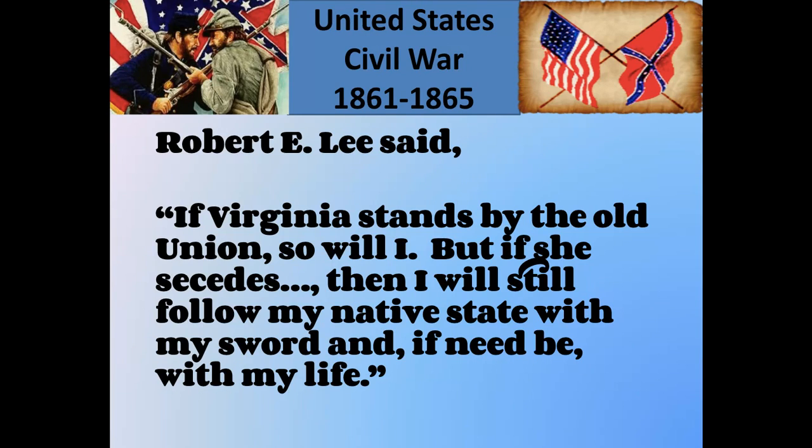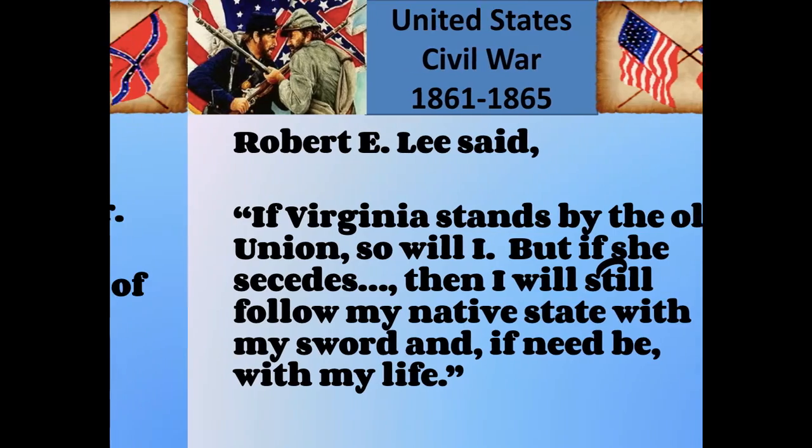So what he's saying is that if Virginia leaves the Union, he will go with Virginia, and if they stay with the Union, he'll go with the United States and be the commander of the army. Well, we know Virginia left the Union.